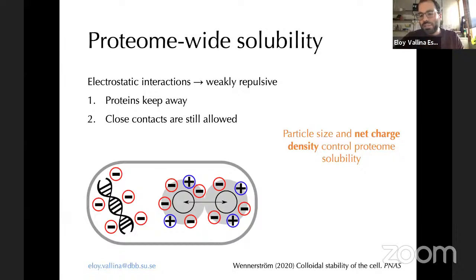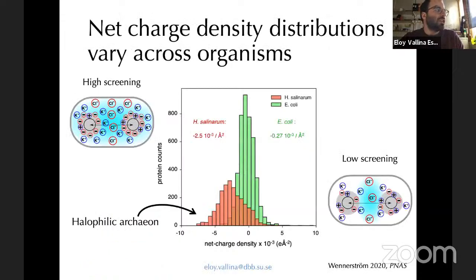And these are the two parameters that control proteome solubility, something that we've also called colloidal stability in the cell. And during this project, we also realized one more thing, which was that the net charge density distributions of different organisms were not all the same, and there were striking differences from one organism to another.